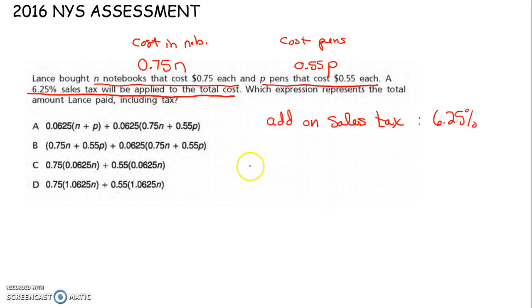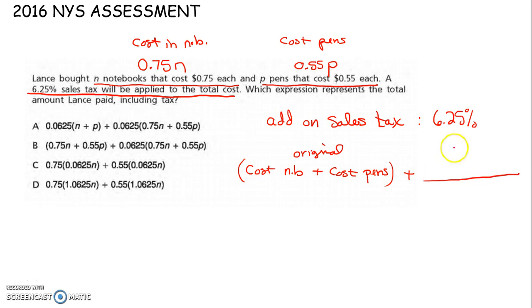So for the total, it would be your cost for your notebooks and the cost for your pens. Maybe that would be our original. And then we're going to tack on a certain amount of tax. So you have to take your original and tack on the amount of tax you have to add on.